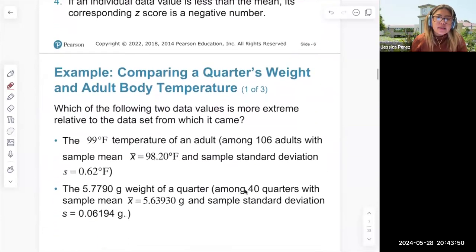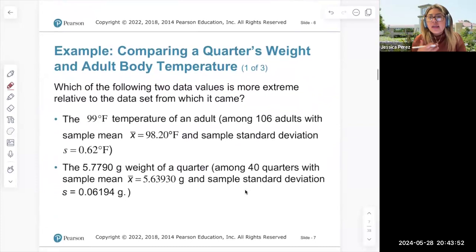So we're going to look at this example. We're going to calculate z-scores next. Which of the following two data values is more extreme relative to the data set from which it came? The 99 Fahrenheit temperature of an adult among 106 adults with a sample mean.